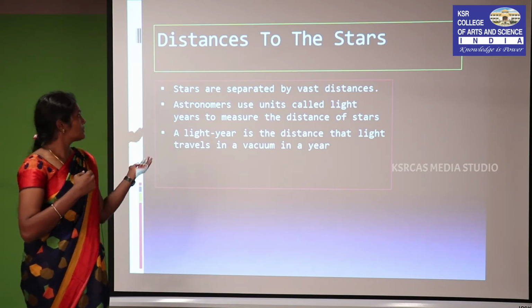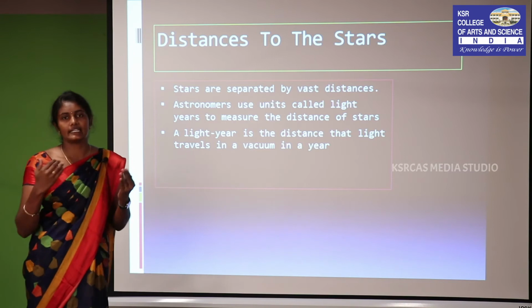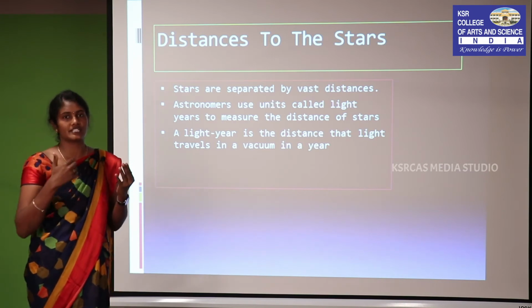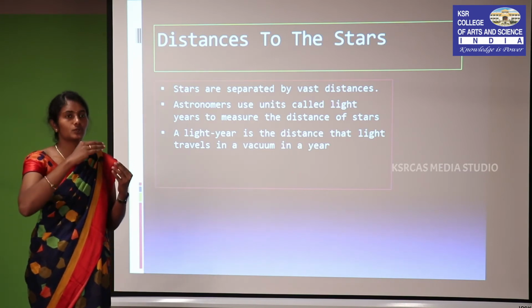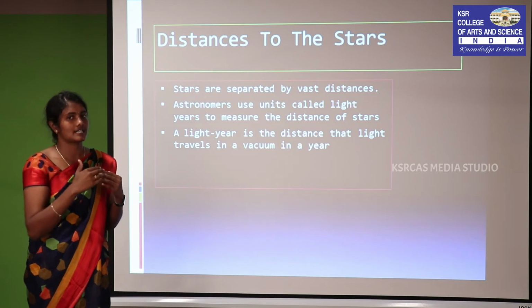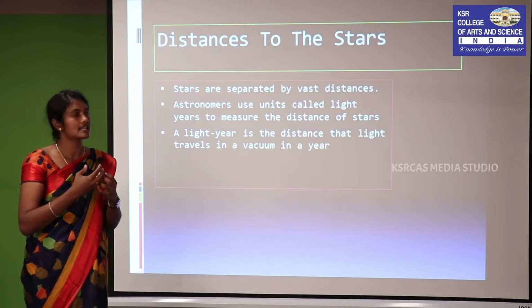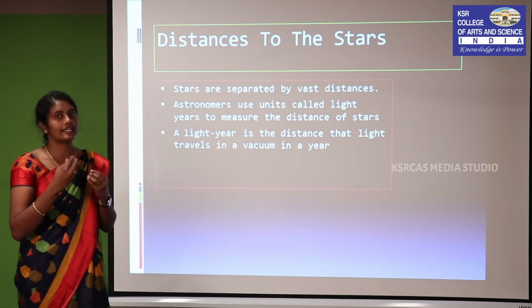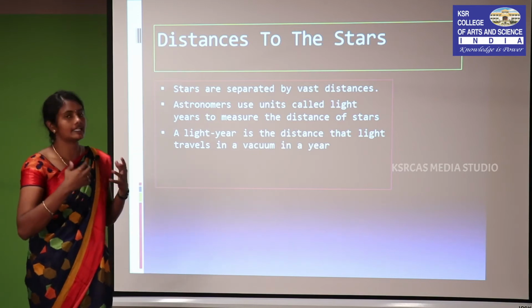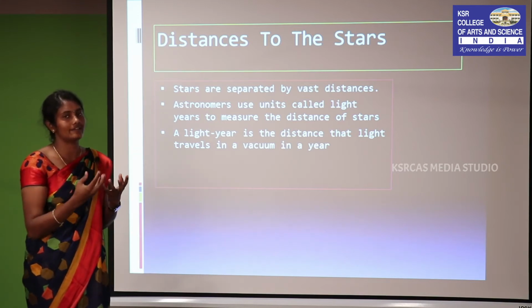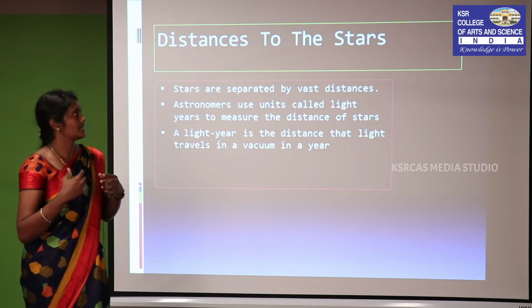Each and every star has a huge difference in distance. When we move closer and closer to the stars, we may feel the distance. Astronomers use the light year to express star distance and also to evaluate how old the stars are.